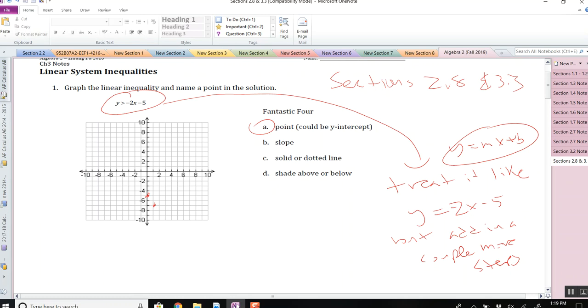And then before I connect those 2 points, we need to determine, these are the couple more steps, a solid or a dotted line. Now here's the deal. Because it's less than, you're going to do a dotted line.